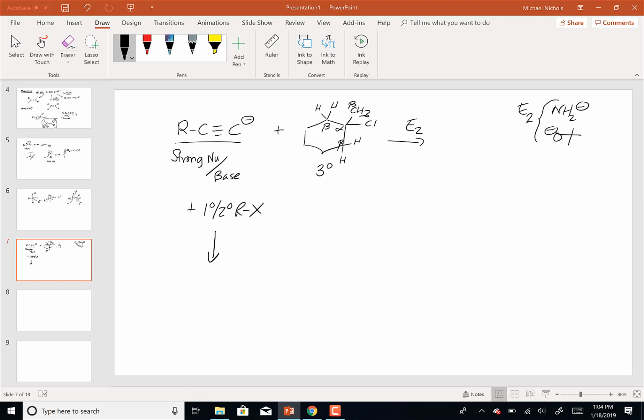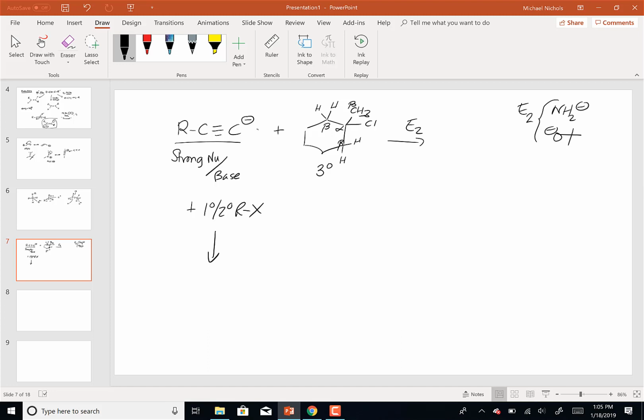Small bases go after the hydrogens that are least sterically hindered. So most would be accessible. Because I want to form the product that is most stable, substituted. Those two go together.